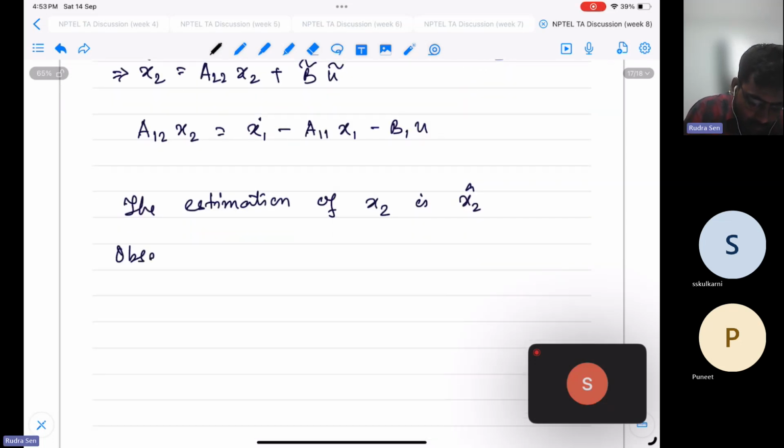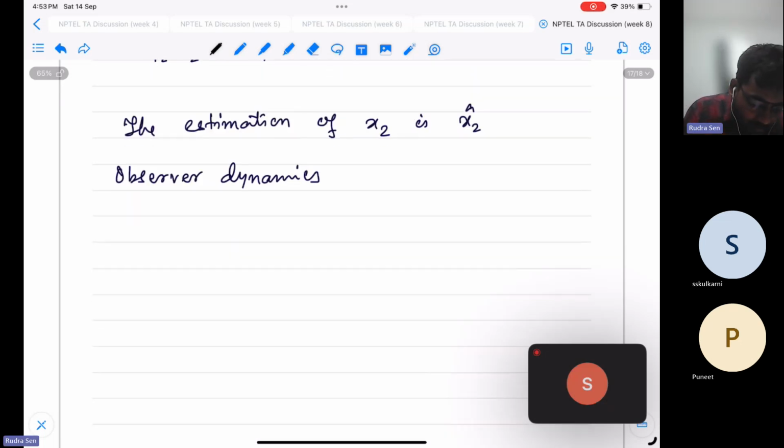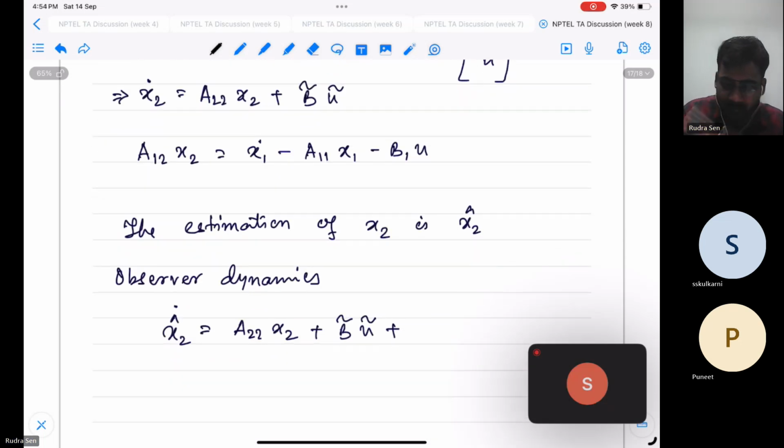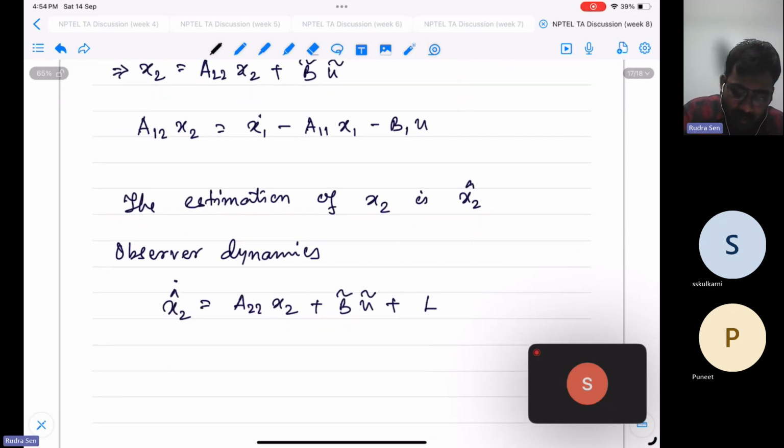As we have seen just previously, x2 hat dot should have the same dynamics as x2: A22 x2 hat plus b tilde u tilde, plus some L tilde times y tilde minus A12 x2 hat.